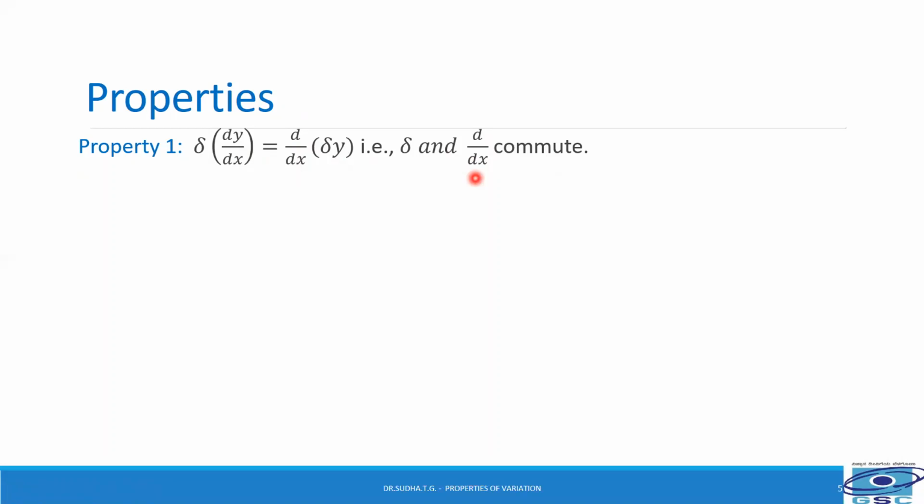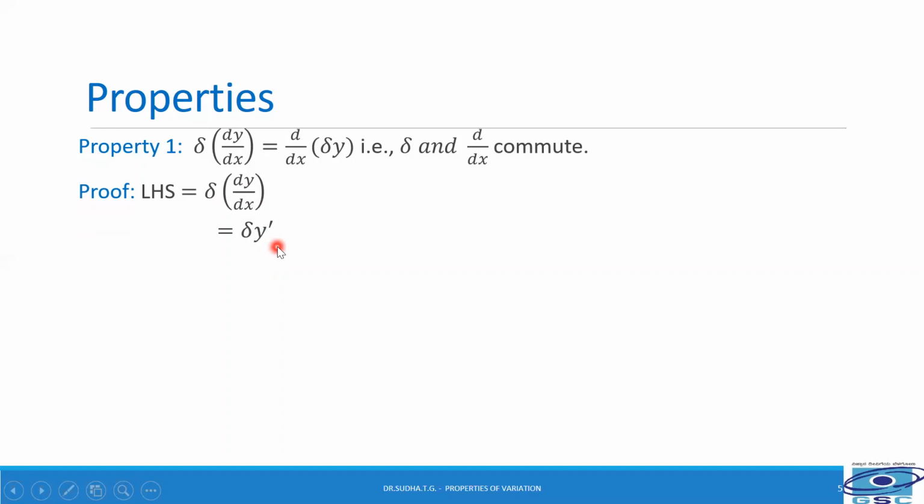So let us prove this by taking the left hand side and showing that it is equal to the right hand side. So to begin with, left hand side is variation of dy by dx, that is delta of dy by dx. And now we know that this dy by dx is nothing but y dash.